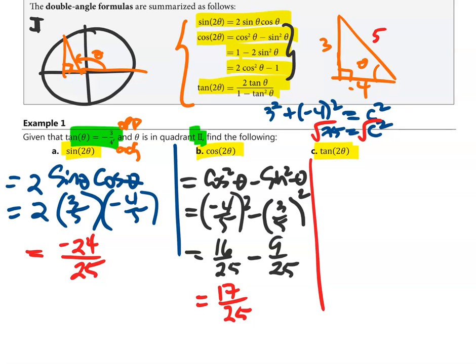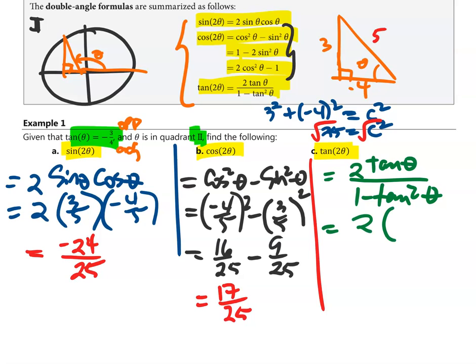Next, letter C, tangent 2 theta. So we know that it is equal to 2 tangent theta over 1 minus tangent squared theta. So tangent theta is -3/4, over 1 minus -3/4 squared.